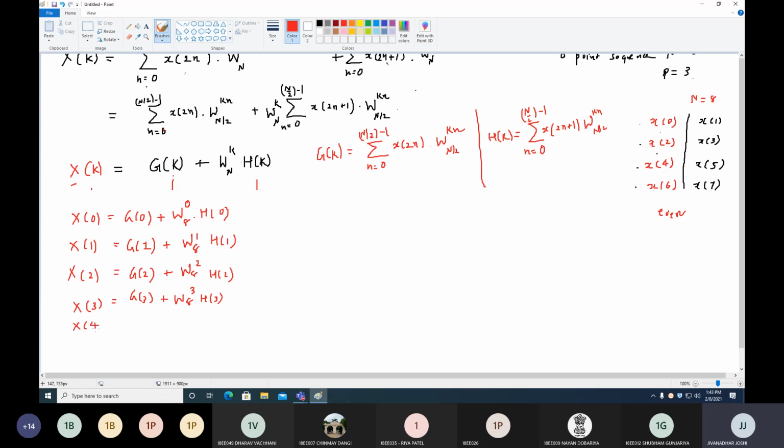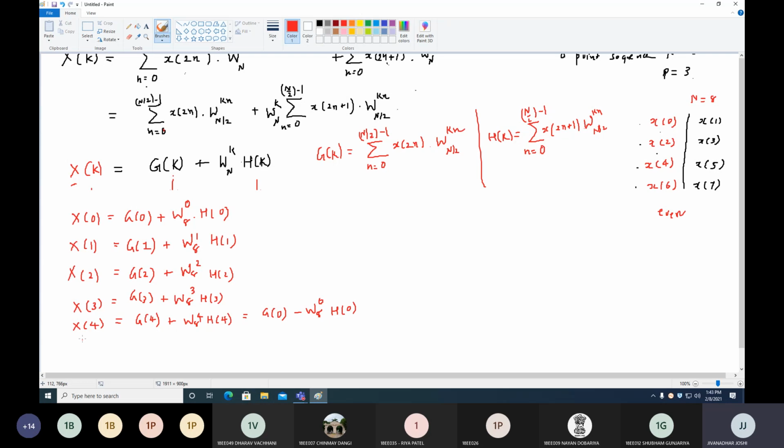X of 4 equals g of 4 plus w8 raised to 4 into h of 4, which is equal to g of 0 minus w8 raised to 0 h of 0. I will prove that w8 raised to 4 is equal to minus w8 raised to 0.